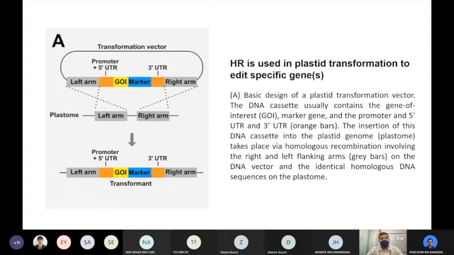When this DNA vector is integrated into the host plant, the left arm and right arm recombine, crossing over with their similar sites on the chloroplast genome, and as a result integrate the DNA cassette into the genome. So this has been efficiently used in chloroplast transformation.